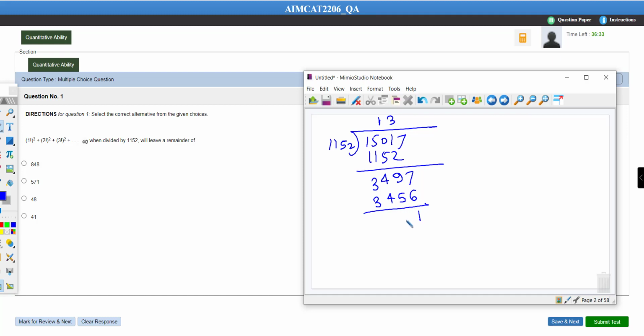Let's subtract this. The subtraction is going to be 41. So the final answer is going to be 41.